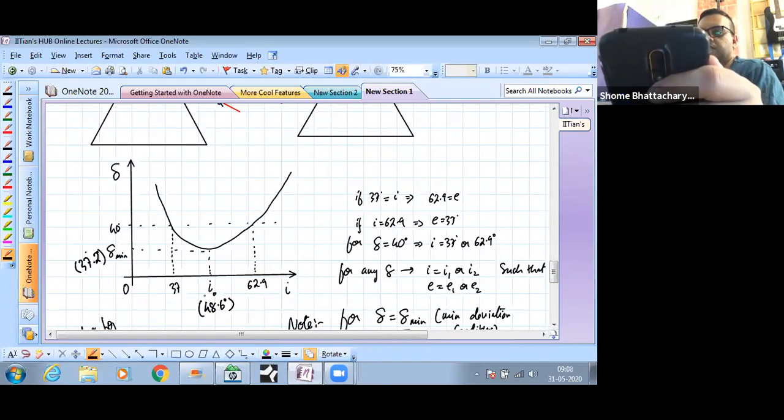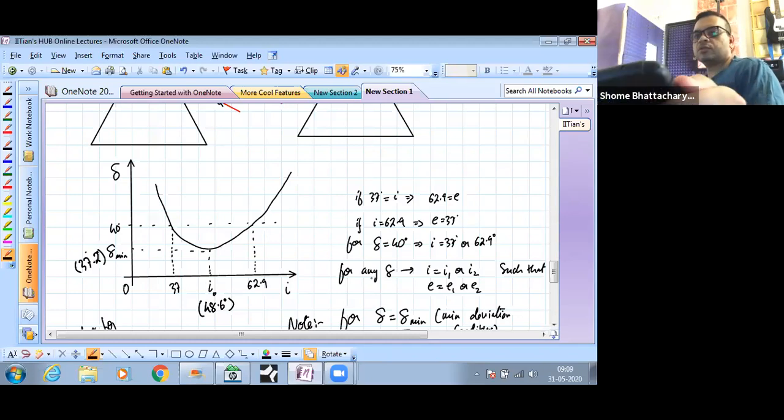That 37.2 case is very close to the minimum deviation. But also another thing you can notice here is that this is not a symmetrical graph. 48.6 minus 37 is about less than 10 degrees, and this one is more than 10 degrees. So it's not a symmetrical graph.